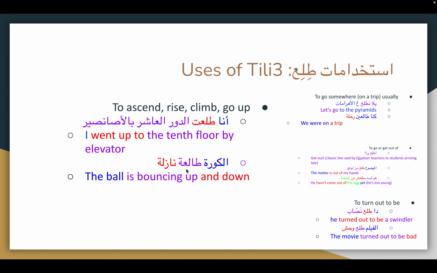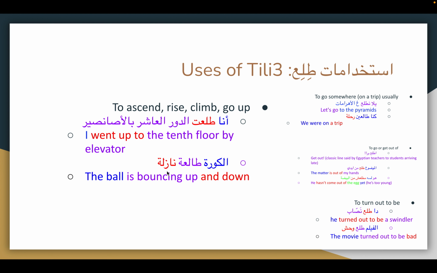So this is kind of an interesting construction where we have the ism fa'al of tila' and the ism fa'al of nizil right after each other with no wi between them, no wow of connecting things. It's the ball is bouncing up and down. الكرة طلع نزلة.